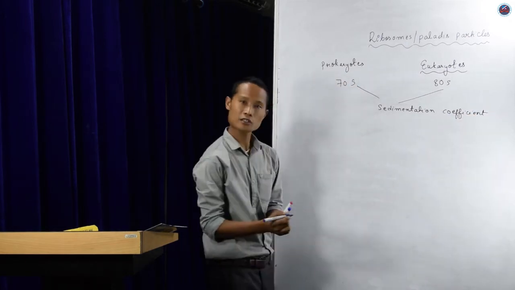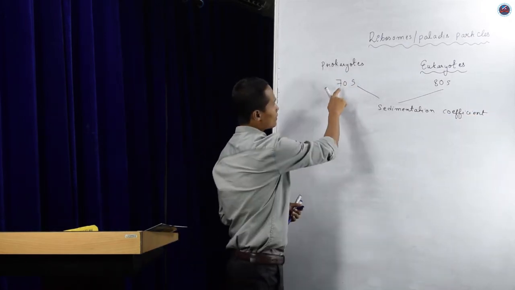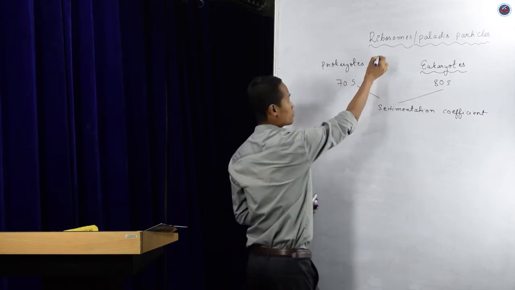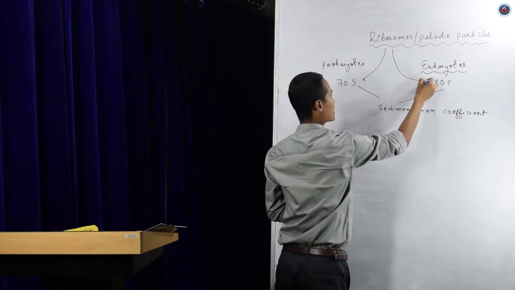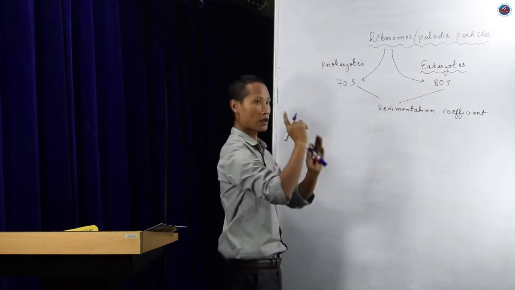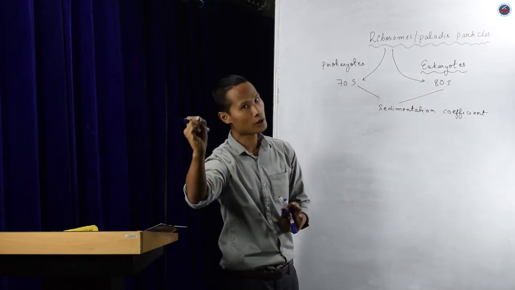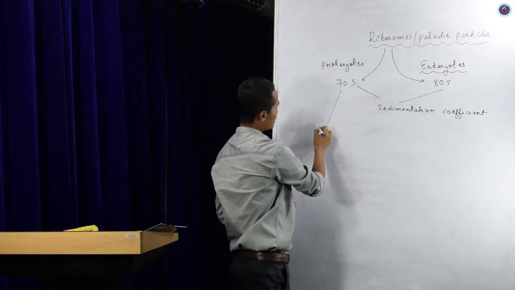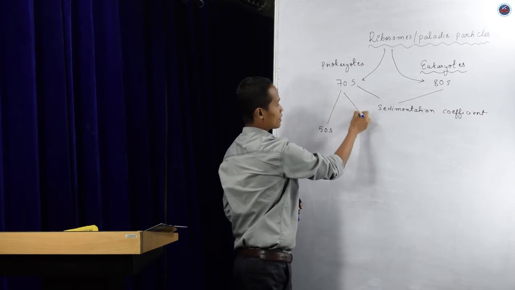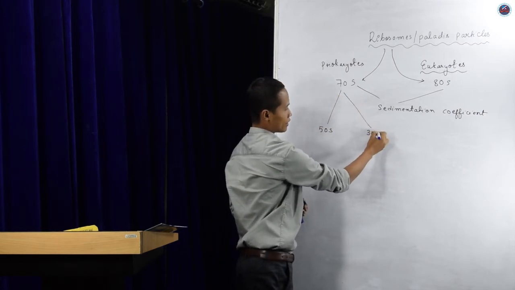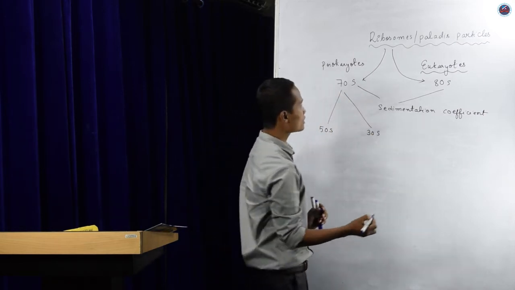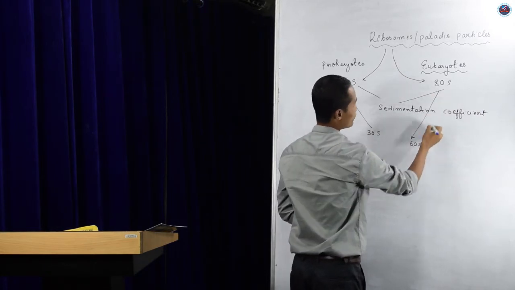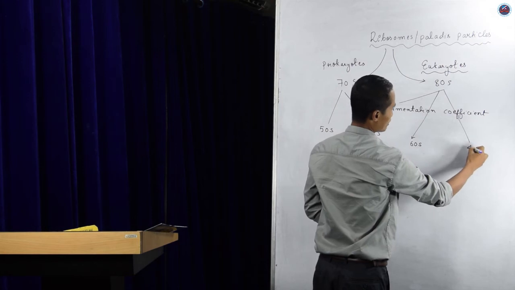Each has two subunits, a large subunit and a smaller subunit. In prokaryotes it is 50S and 30S, whereas for eukaryotes, the 80S ribosome has 60S and 40S.